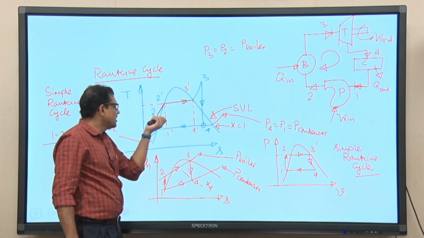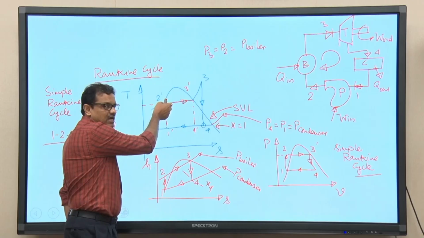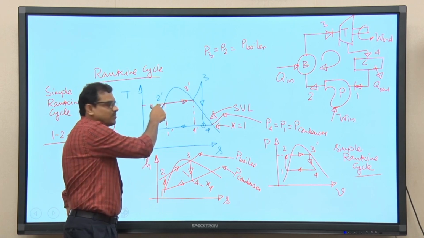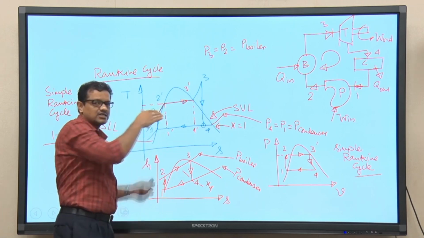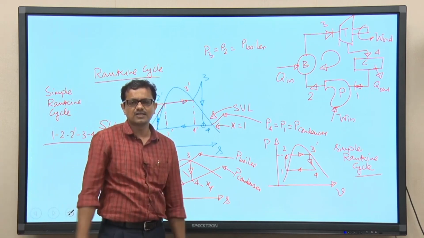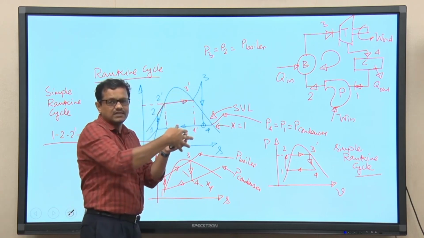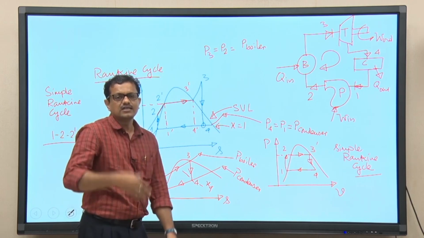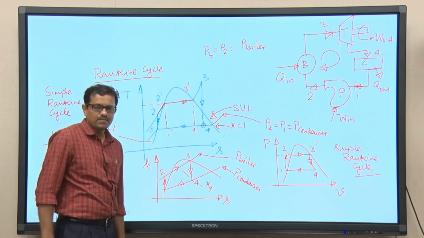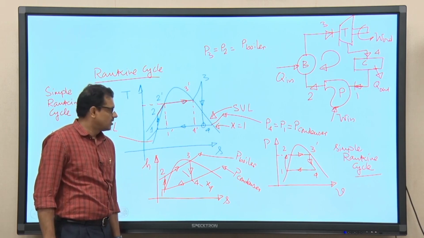So, we are pumping, and earlier it was compressed from 1 prime to 2 prime and then constant temperature heat addition, but it is now pumped from 1 to 2 up to the boiler pressure, and then 2 to 2 prime, that small segment is there, where the sensible heat transfer takes place. This part lowers the mean temperature at which heat is added to the boiler, and it is because of this reason that the efficiency of the simple ideal Rankine cycle is less than the efficiency of the Carnot cycle.